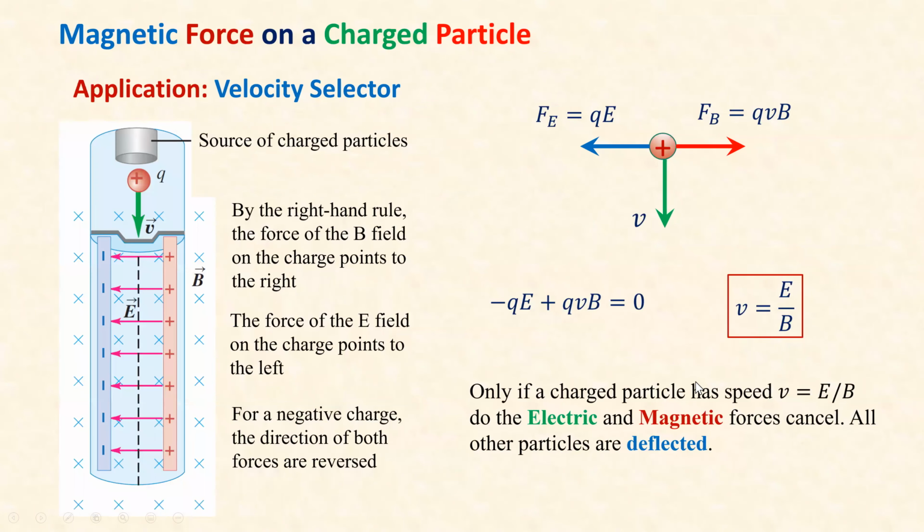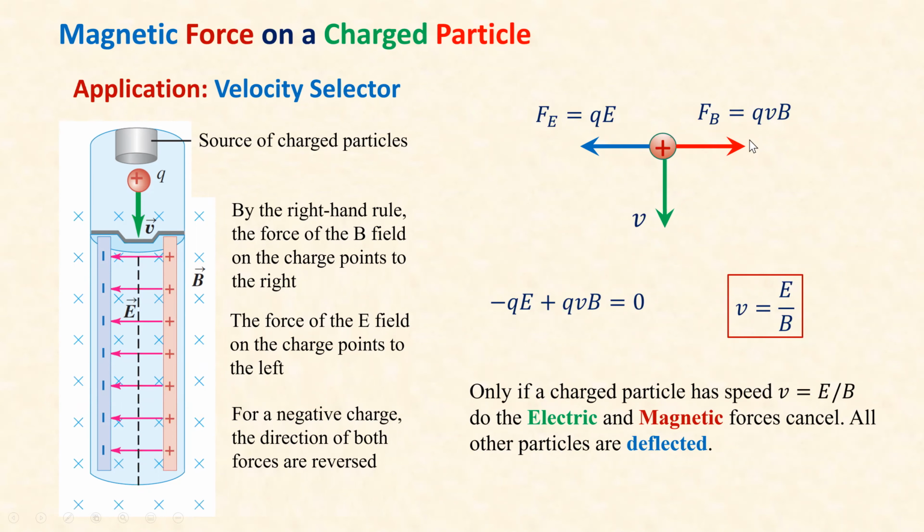And then we talked about the velocity selector. The velocity selector device has a magnetic field and electric field that are perpendicular to each other, and the particles come in perpendicular to both of those directions. And we said that if the particle has a specific velocity in that direction, then the net force on it will be 0, and therefore it goes right through.